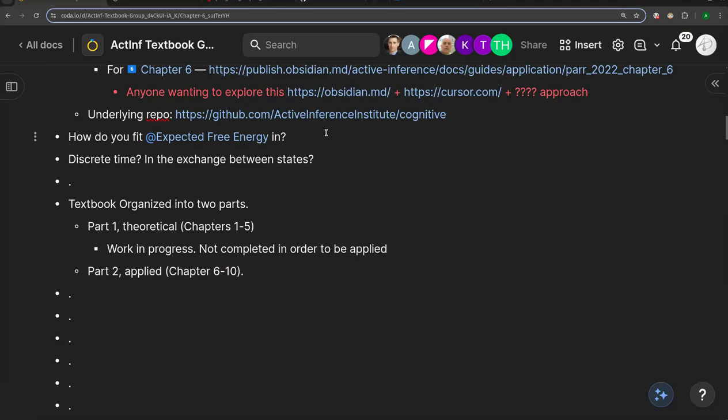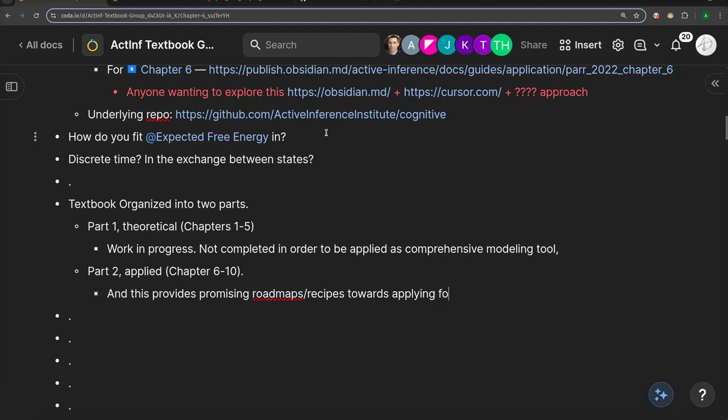But at the same time, the second part of the textbook provides very promising roadmaps towards how we can apply even this tentative foundational work in order to build some real world models of intelligent agents or cognitive agents.